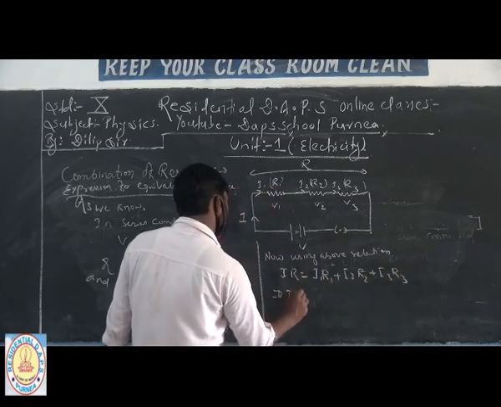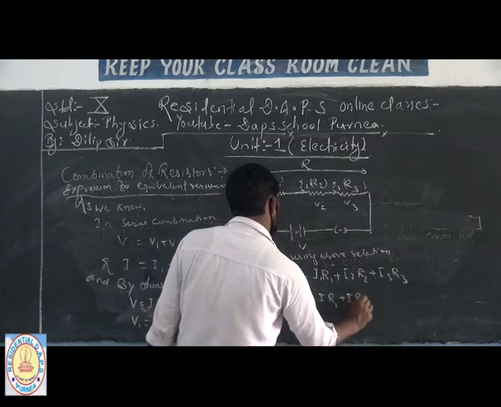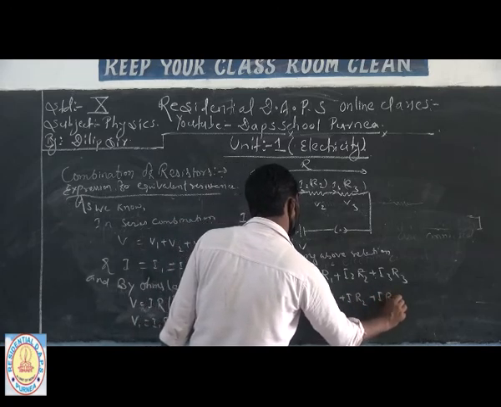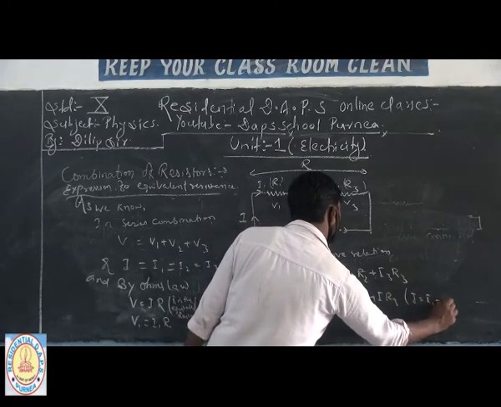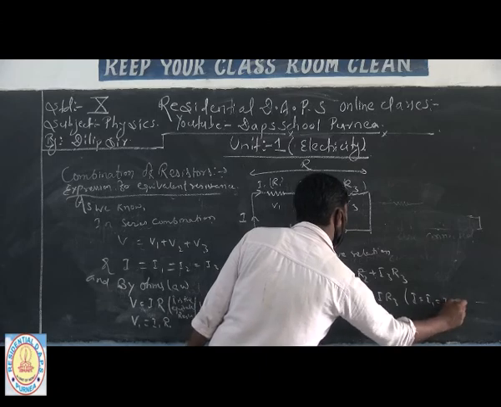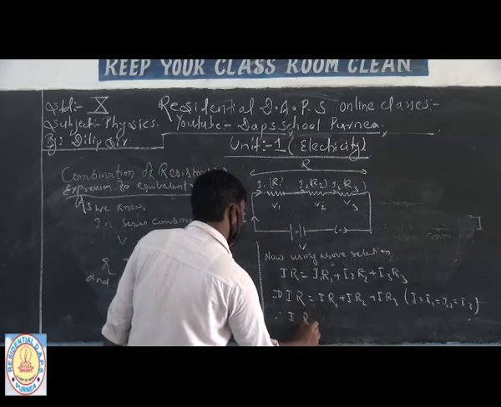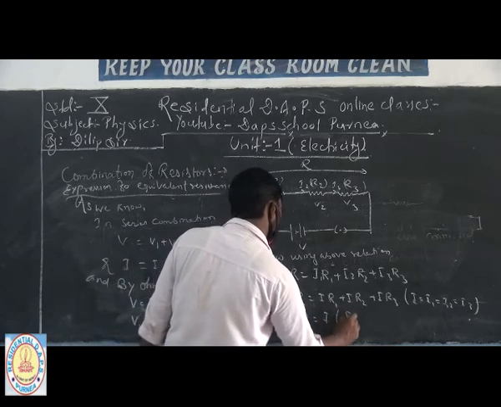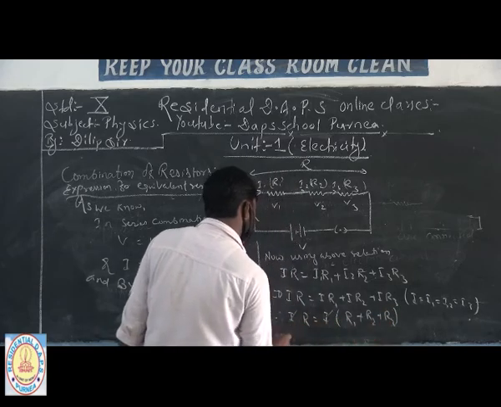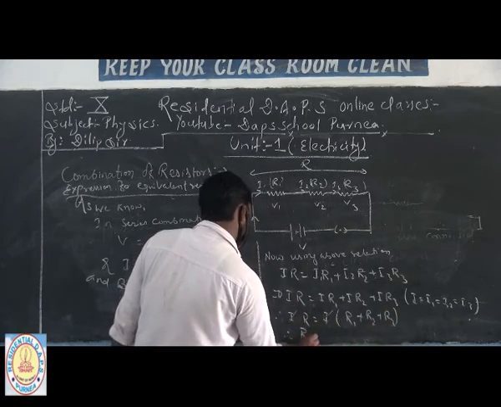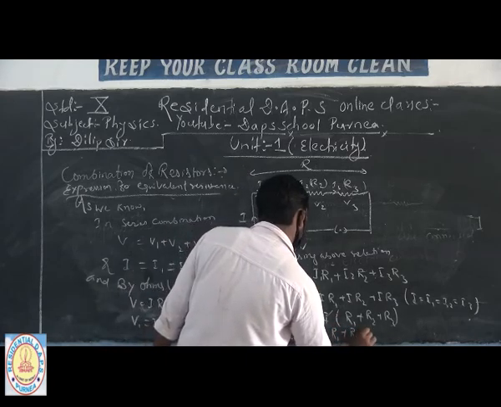This implies IR equals I R1 plus I R2 plus I R3, as I equals I1 equals I2 equals I3. Therefore, I is taken as common, R1 plus R2 plus R3. I cancels, therefore R equivalent equals R1 plus R2 plus R3.